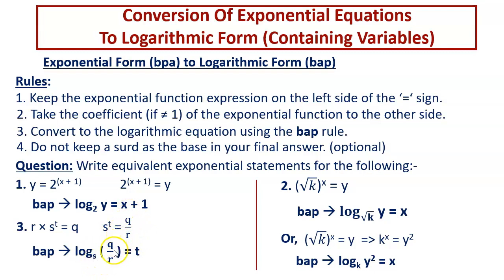The answer becomes the argument, which is q over r, so it is log of q over r to the base s, equal to the power comes down as the product, equal to t. And we have not learned about the properties of logarithm, so this can be written as log of q to the base s minus log of r to the base s equal to t.